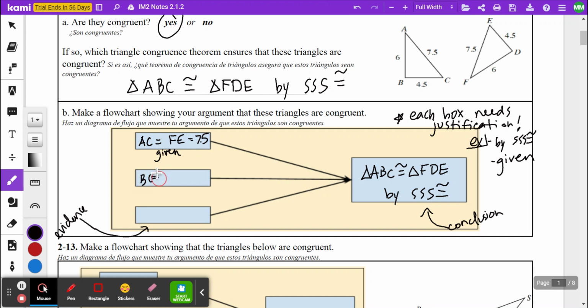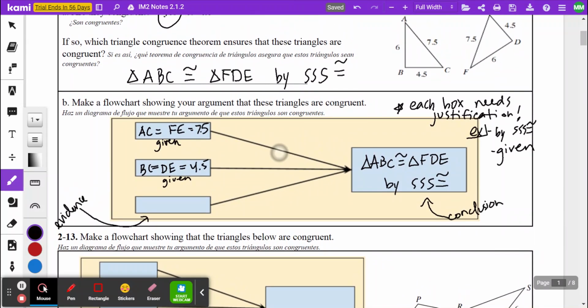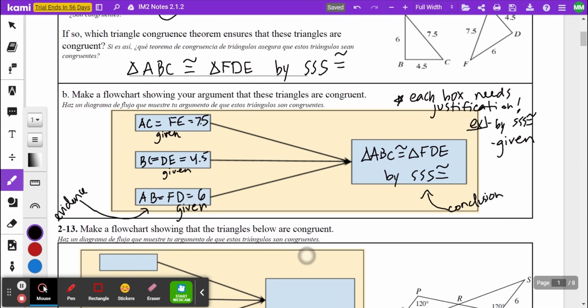BC equals DE. Those equal 4.5. That's given. You usually wouldn't include the numbers, but I want to be super clear what I'm talking about. Lastly, AB equals FD equals 6, and that is also given. This is a complete proof. This flowchart is a proof.